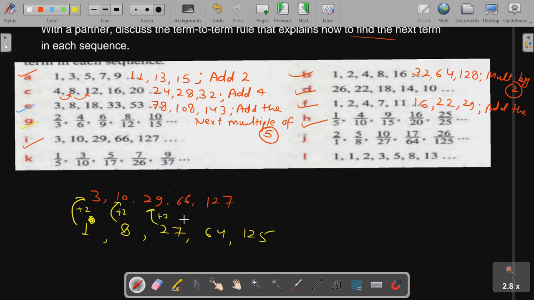If I add 2, I will get this, next plus 2 I will get this.